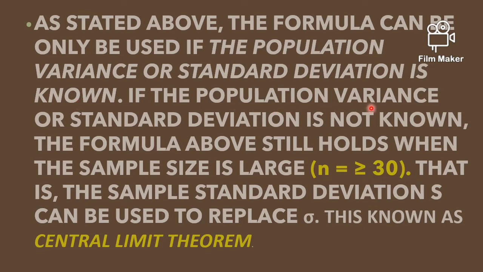If the population variance or the standard deviation is not known, the formula above still holds when the sample size is large, equal to or greater than 30. Take note, sabi, ang sample size dapat ay n is greater than or equal to 30. Dapat pataas siya or eksaktong 30. Hindi siya pwedeng pababa kasi hindi na yun ang formula gagamitin mo.